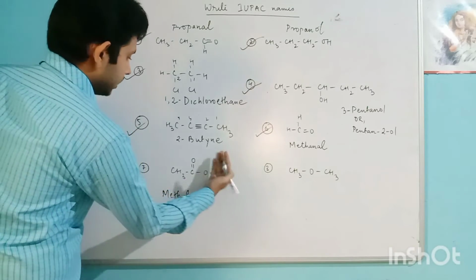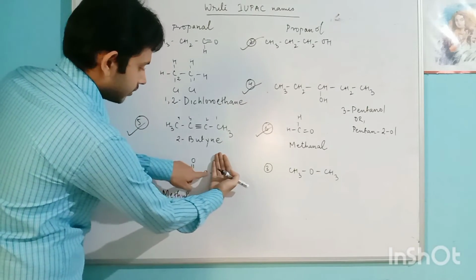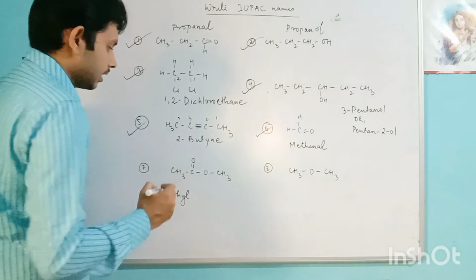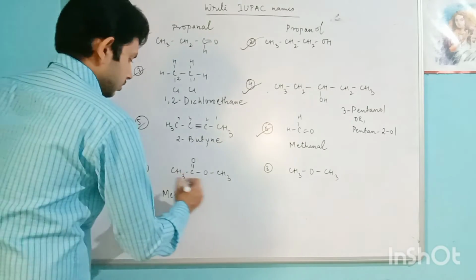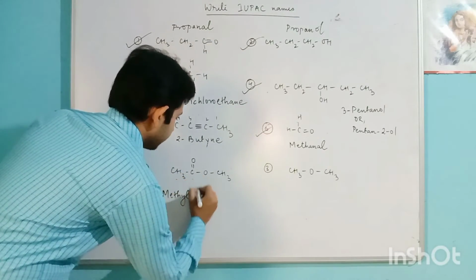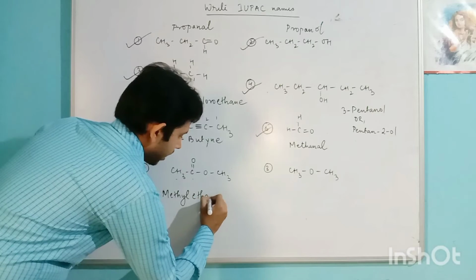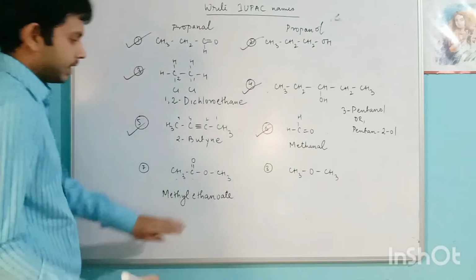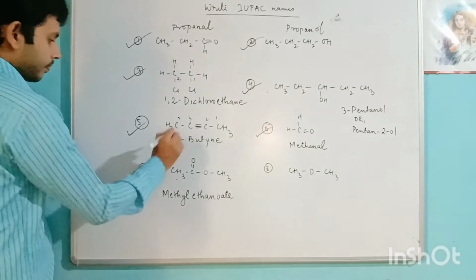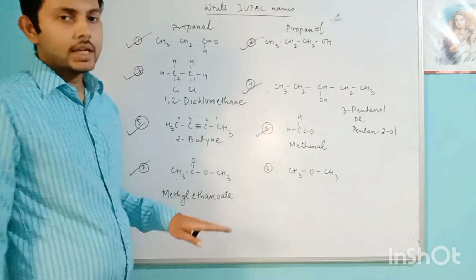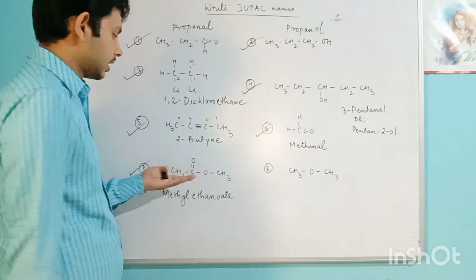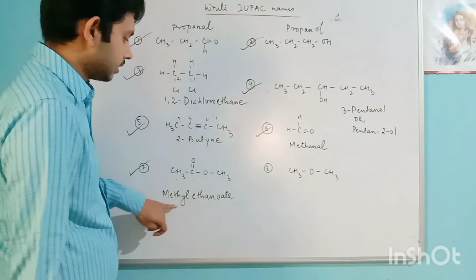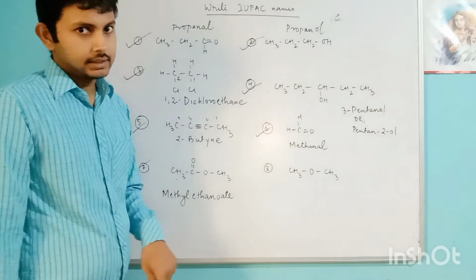And then this is ethanoic acid if there was H, but there is no H. So you see the table, you will find you have to write OATE. So methyl, 2 carbons, ethanoate, ethane, OATE, methyl ethanoate. Okay. Ethanoic acid is also called acetic acid. It is also used frequently in lab. So we also write it as methyl acetate.